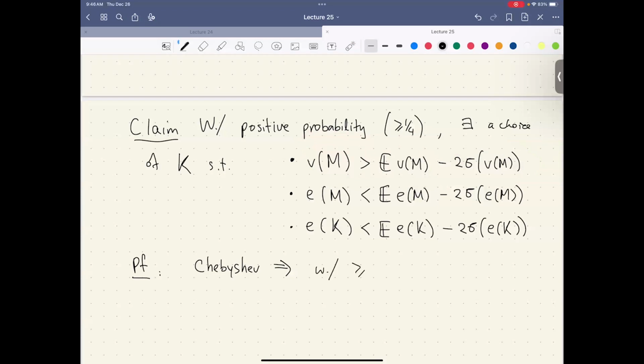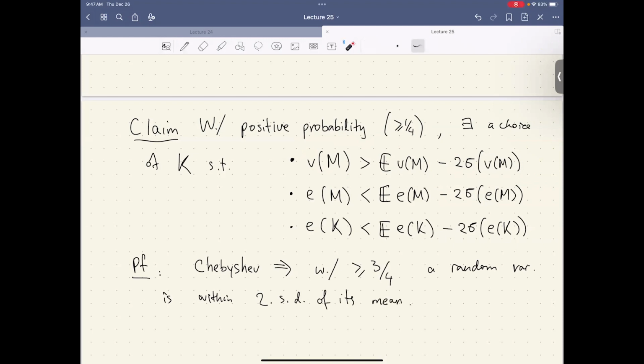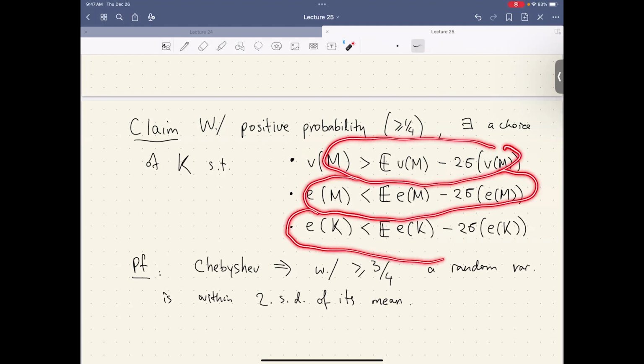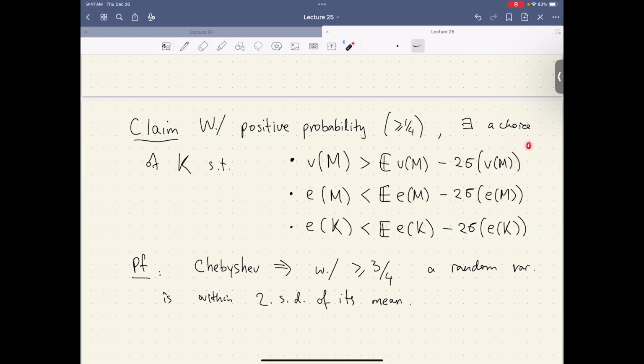With probability at least 75%, a random variable is within 2 times standard deviation of its mean. Okay, then we are done. You have 3/4 probability that this holds, 3/4 that this holds, 3/4 that this holds. In other words, 1/4 this fails, 1/4 this fails, 1/4 this fails. By union bound, with probability at least 1/4, none of these fails.